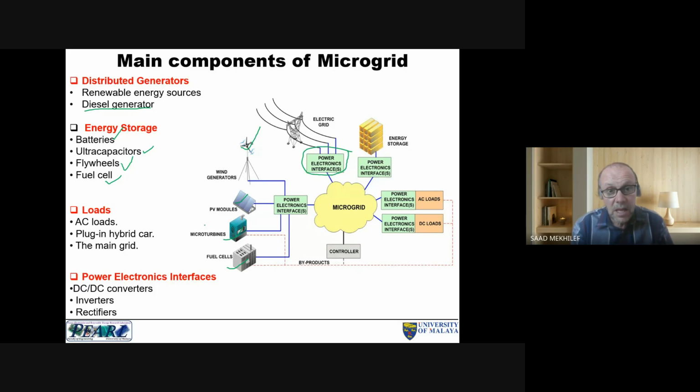But as you know, the grid requires inertia, and renewables do not provide the inertia needed to maintain the frequency and the voltage. So at the moment we are trying to introduce as many green resources as possible into the existing grid and maintain the stability.